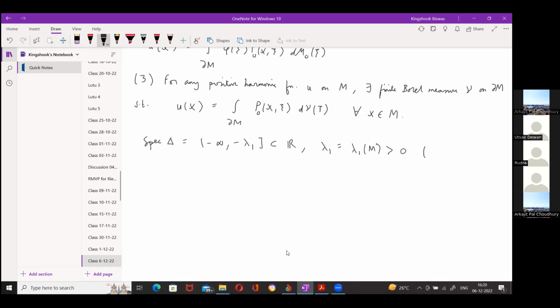If the sectional curvature is less than a negative constant, then one can show the bottom of the spectrum is positive.